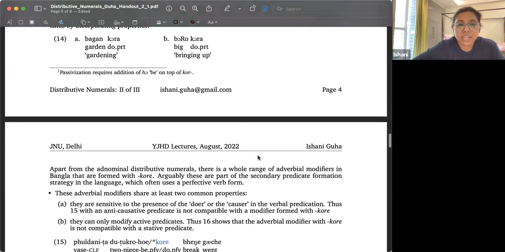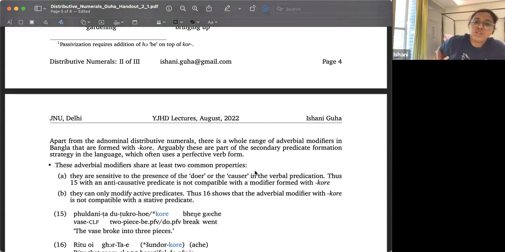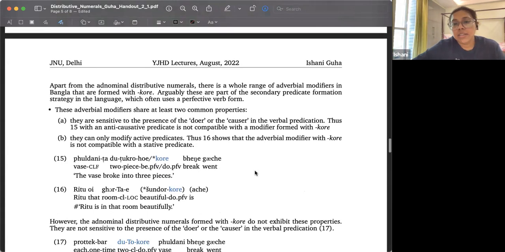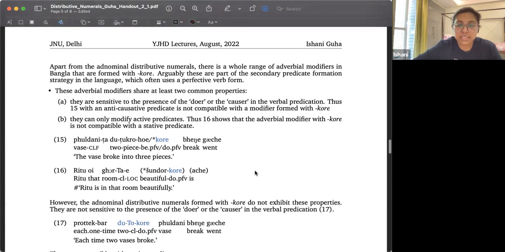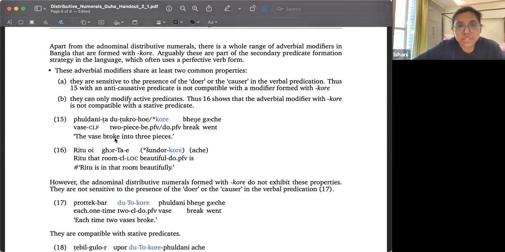Well, it can also form a whole range of adverbial modifiers, especially secondary predicates. Here are the examples that I already told you in the last class. So the vase broke into 3 pieces, and so on. These adverbial modifiers or secondary predicates further show a sensitivity towards the presence of the causer or doer.